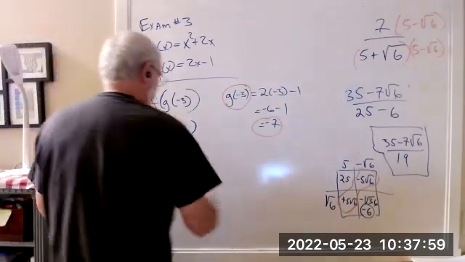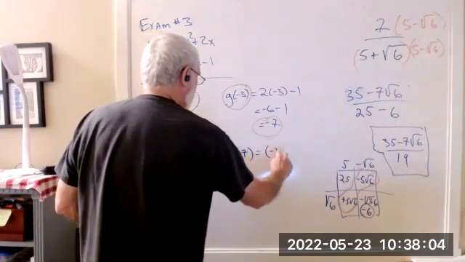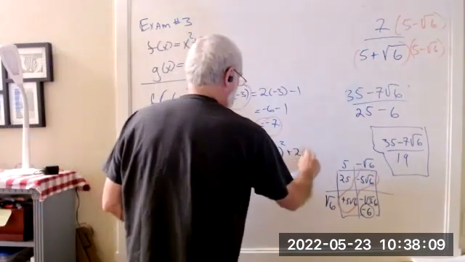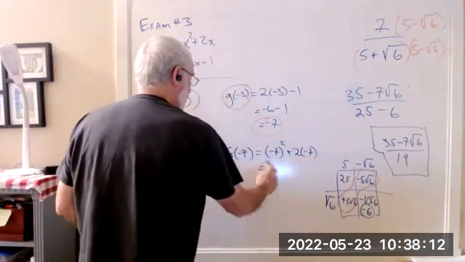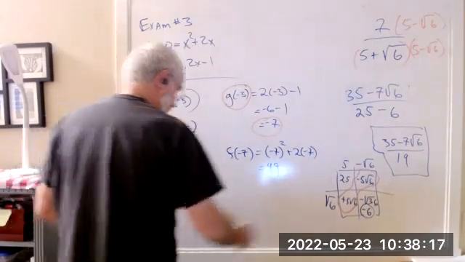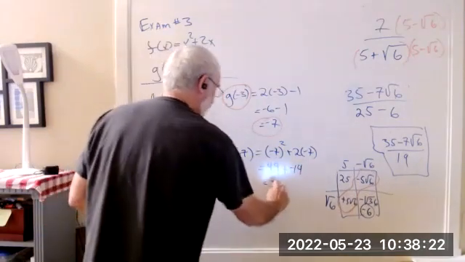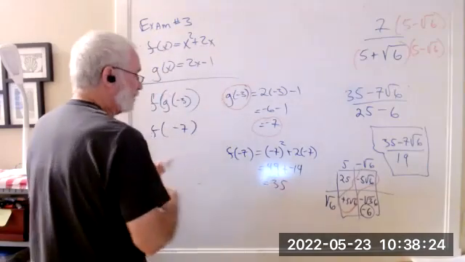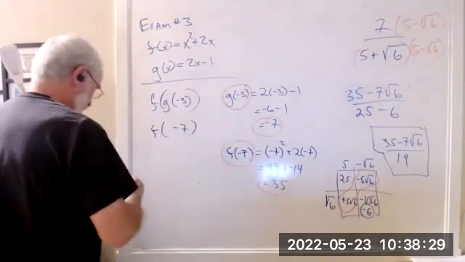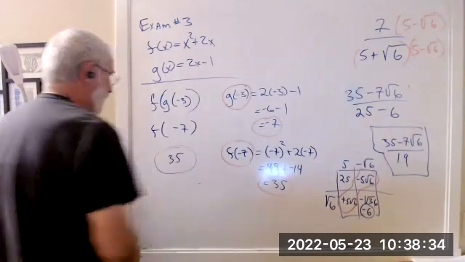Well, f of -7 is -7 quantity squared, notice my use of parentheses, plus 2 times -7. -7 squared is positive 49 plus a -14, that's positive 35. So I've just figured out that f of -7 is worth 35. So that means my final answer here is 35. And that's it, and I'm done.